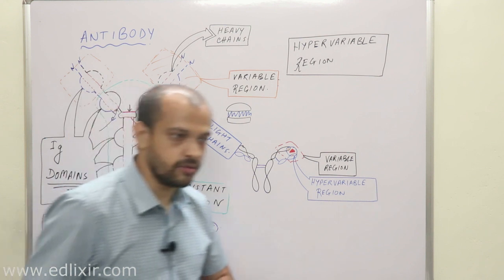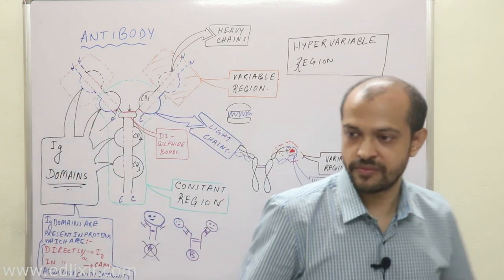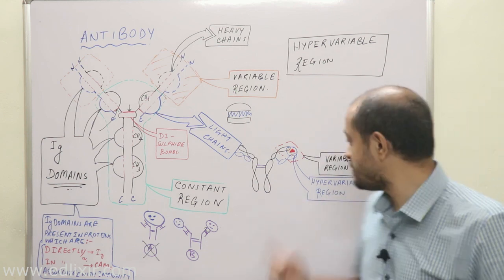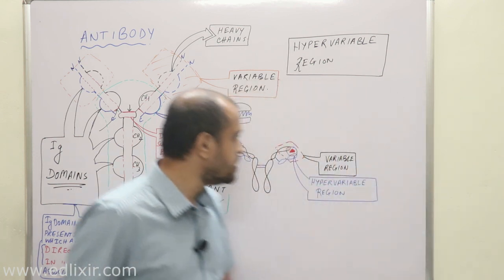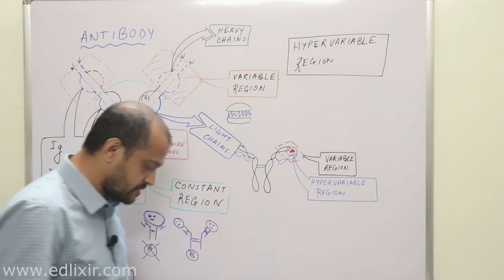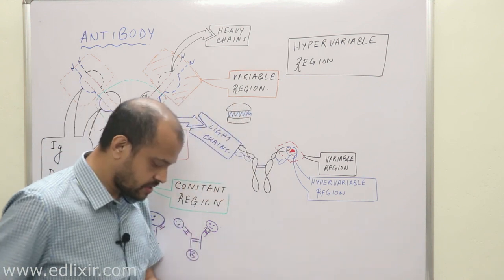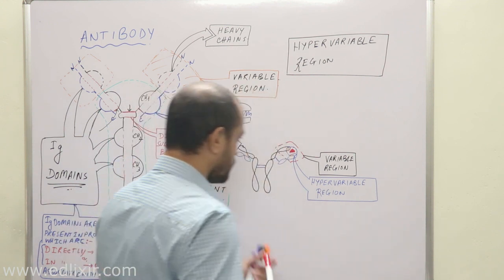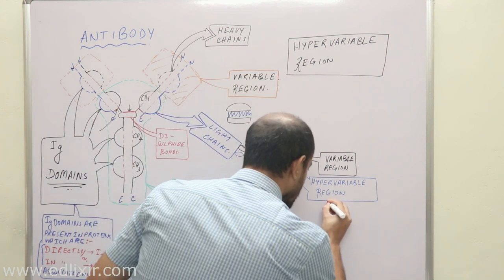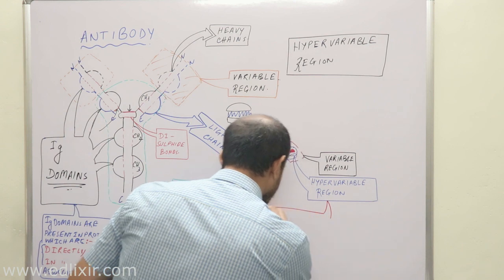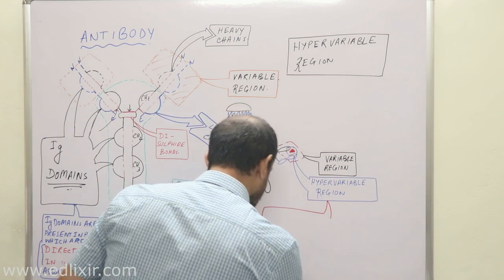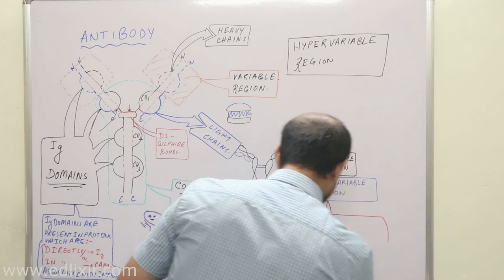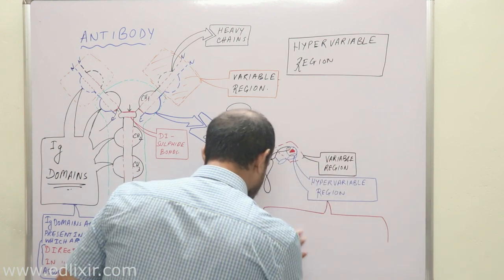Now listen with all your attention. You know what is the special name of hypervariable region? There is actually a special name for hypervariable region. The special name for hypervariable region is complementary determining or complementarity determining region.